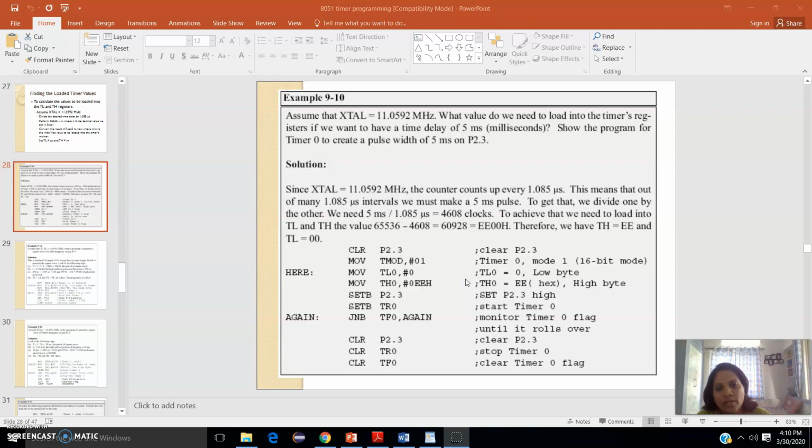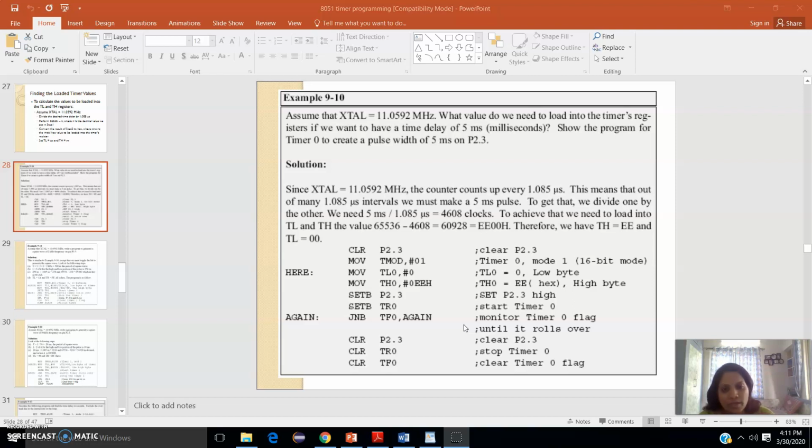Now here, to find the initial value, we consider that a time delay is given. We know that for the standard crystal frequency of 11.0592 MHz, that frequency gives a time delay of 1.085 microseconds per clock. So we divide 5 milliseconds by this value and we get a number of clocks. Whatever clocks we get, we subtract from 65536, because it is a 16-bit mode.